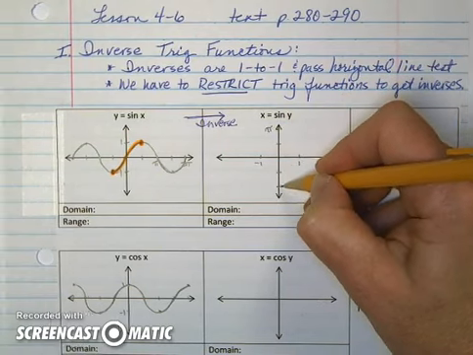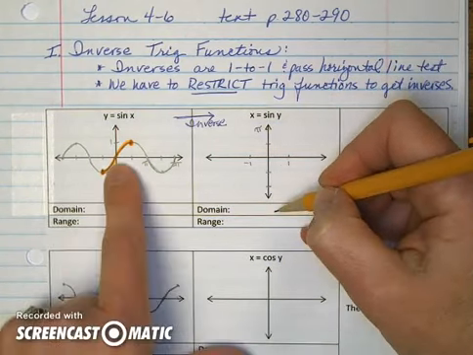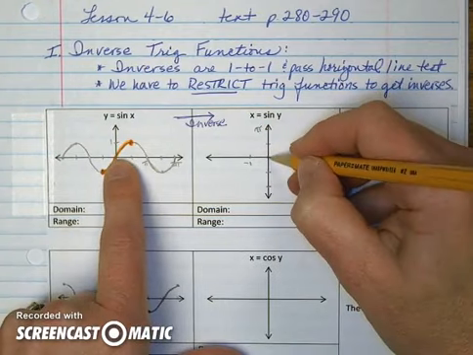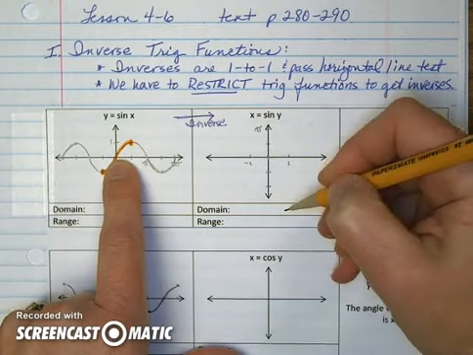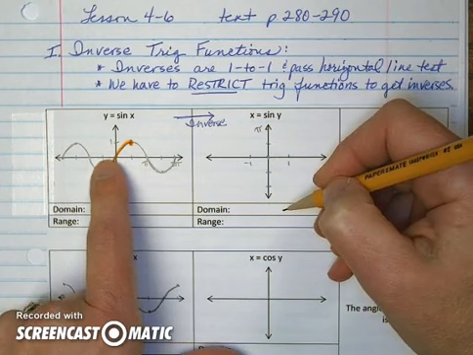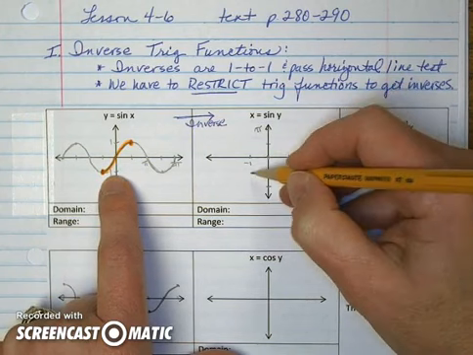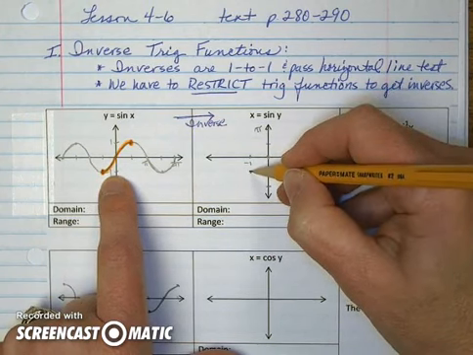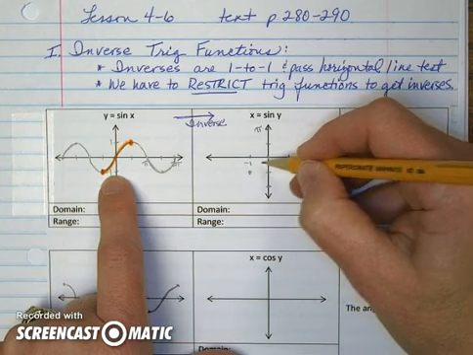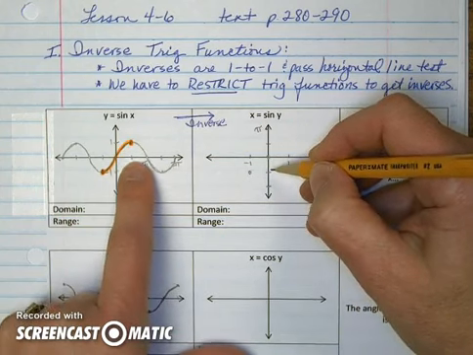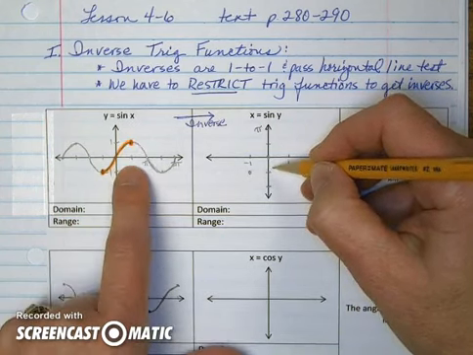There we go. So here at 0, I'm still at 0. But instead of being at negative pi over 2, negative 1, I'm going to be at negative 1, negative pi over 2. Right? It flipped. And here, instead of being at pi over 2, 1, I'm going to be at 1, pi over 2.